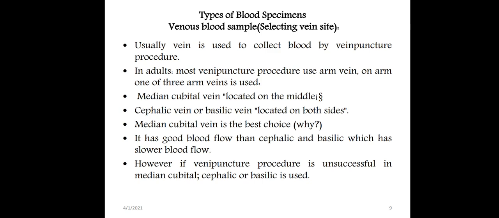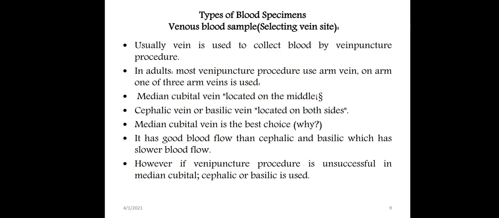Venous blood sample. Usually vein is used to collect blood by venipuncture procedure. In adults, most venipuncture procedures use the arm vein. On the arm, one of 3 veins is used: either median cubital vein, cephalic vein, or basilic vein. Median cubital vein is located in the middle.